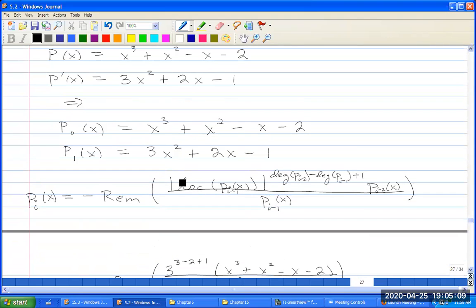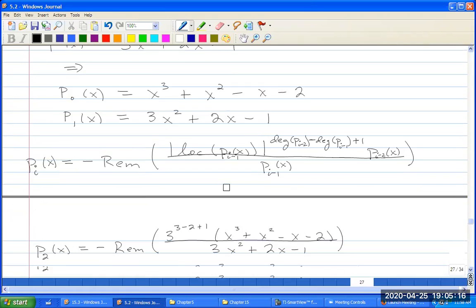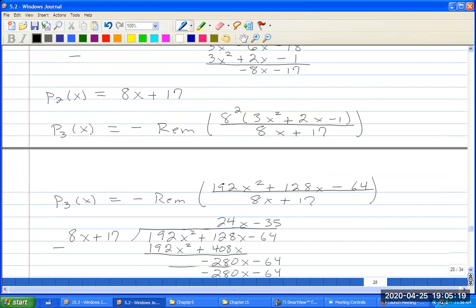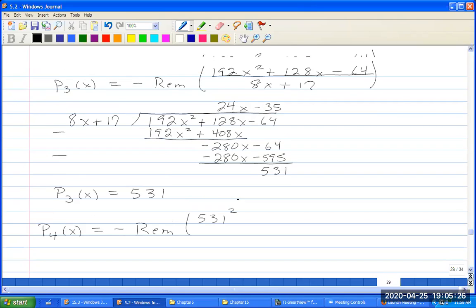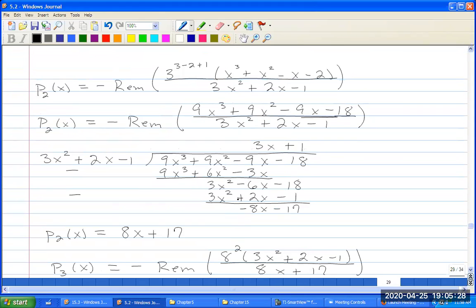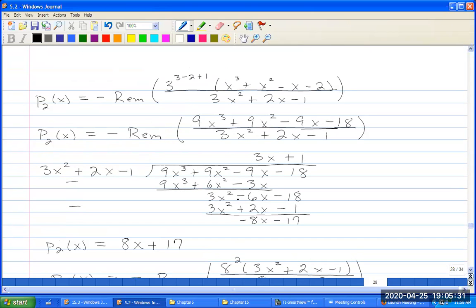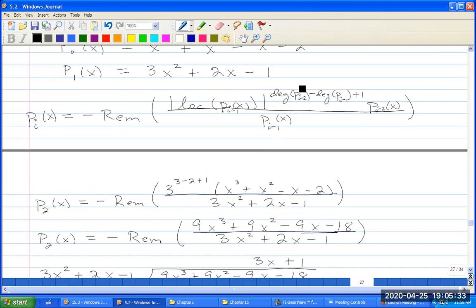And so let's do the leading order coefficient. Well, there's only one thing there. So the leading order coefficient of 1 before, 531. Oh, this is going to be a huge number. To the power, well, again, it's going to be the degree of the polynomial 2 before, which was degree 1, minus degree 0, plus 1.